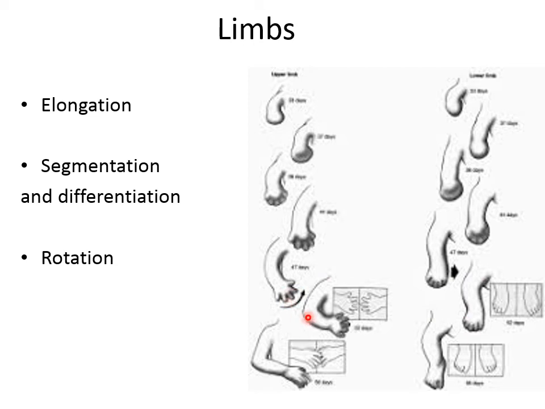In the upper limb, it rotates 90 degrees laterally so that the extensor muscles become posterior and the flexor muscles become anterior, and the thumb is located laterally. In the lower limb, the opposite occurs. It rotates approximately 90 degrees medially, so that the extensor muscles become lateral and anterior, or anterolateral, and the flexor muscles become posterior. And the big toe is located medially.